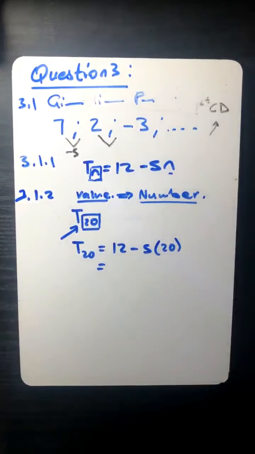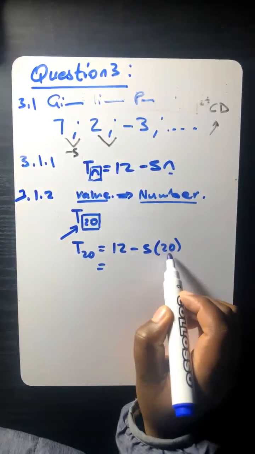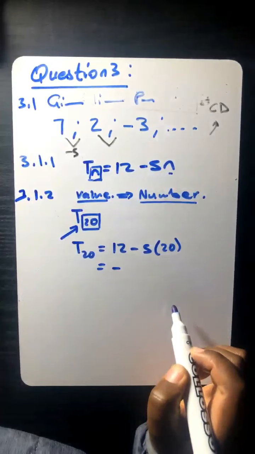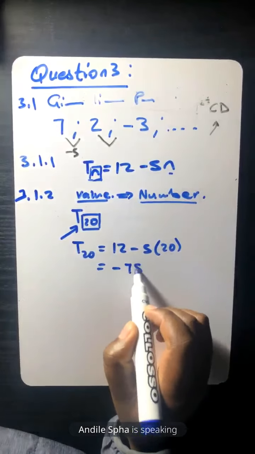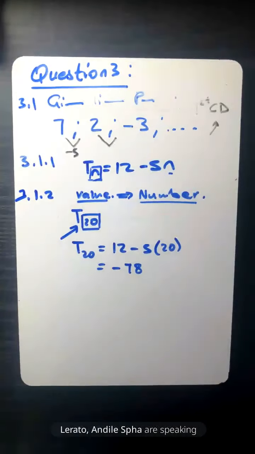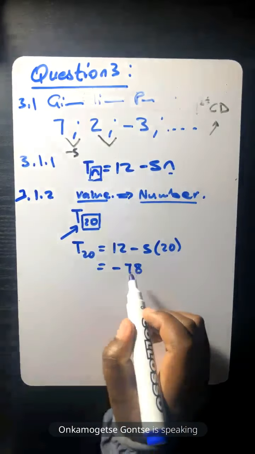This is 100 minus that. What is 12 minus 100? I think it's 78. No, 88. Yes, it's 88.